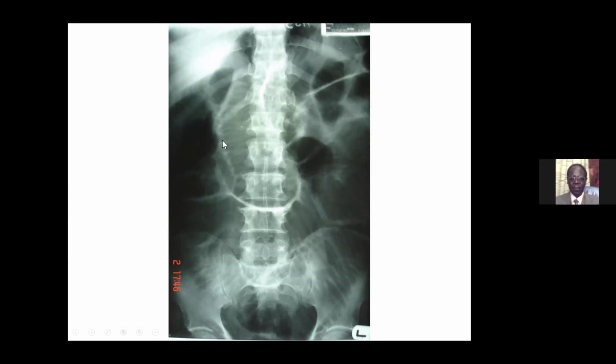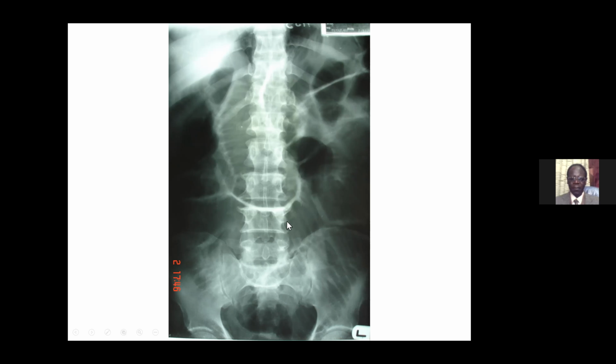We can see the valvulae conniventes. The pattern is different from the peripheral one, where we can see haustrations.